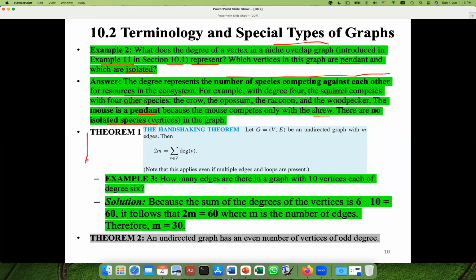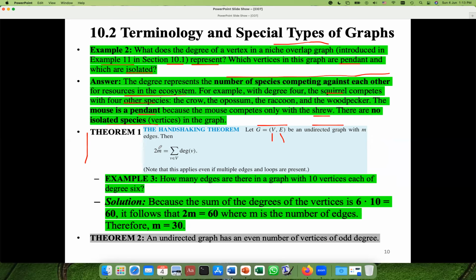Now we have the definition of a theorem. If we have a graph G with a set of vertices and a set of edges, and it is undirected, then this is true for that graph.